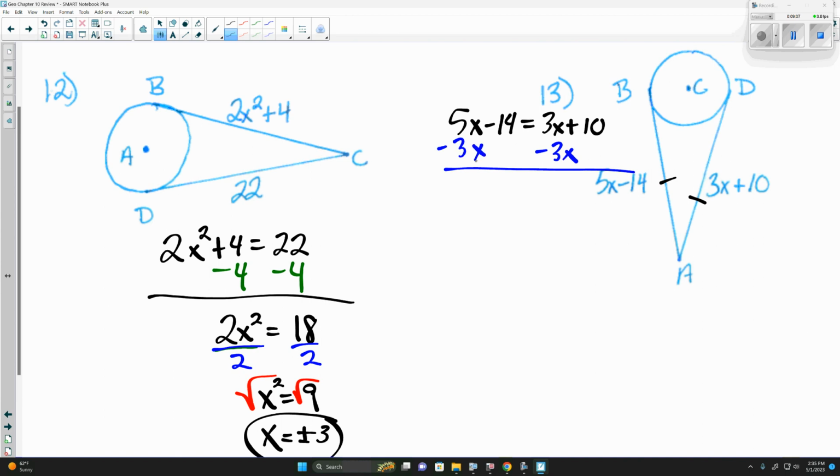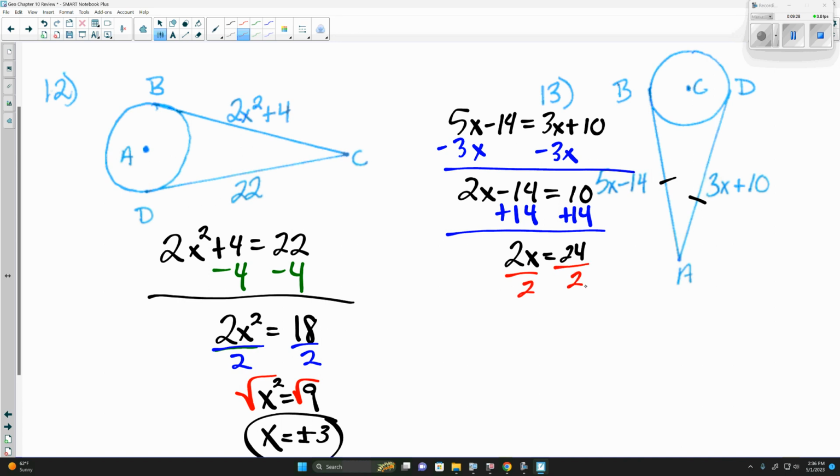We could have added 14 to both sides or subtracted 10, but doing this will tell us that 2x minus 14 is equal to 10. At this point, we can add 14 to both sides, telling us 2x is equal to 24. Divide both sides by 2, and x is equal to 12.